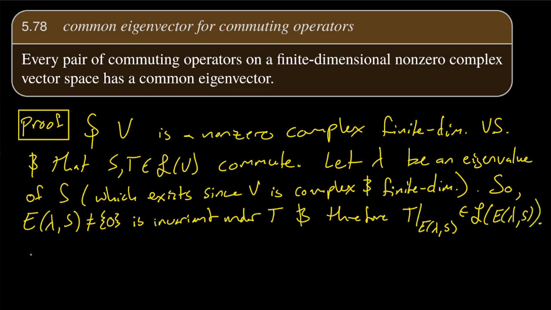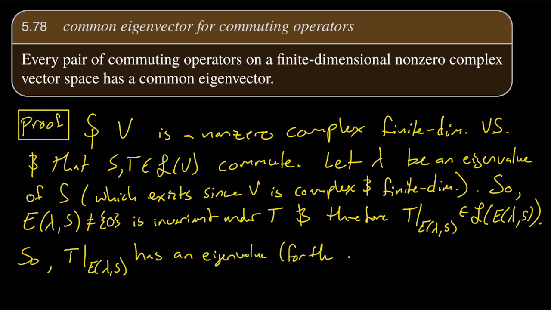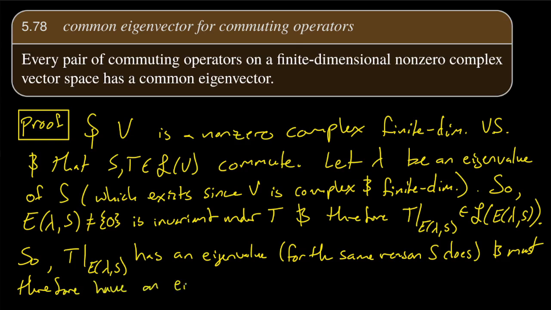Okay, so T restricted to E lambda S has an eigenvalue for the same reason S does, and must therefore have an eigenvector.